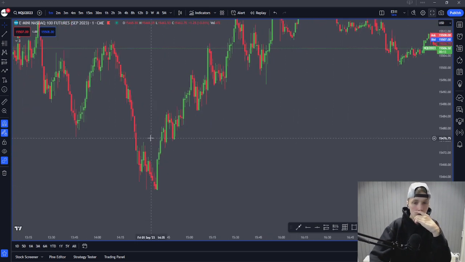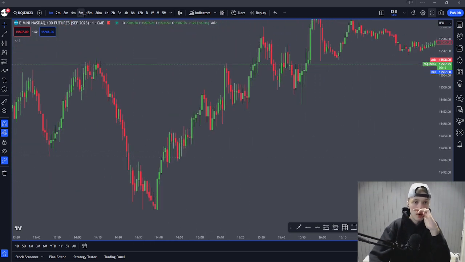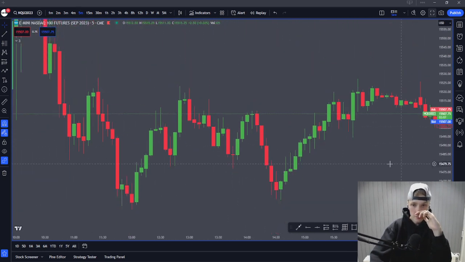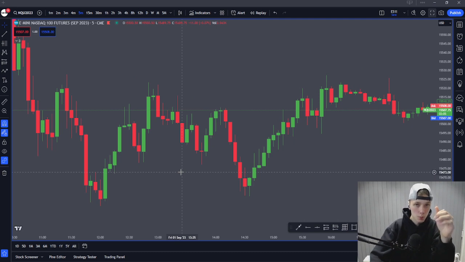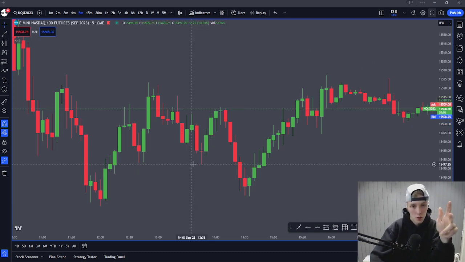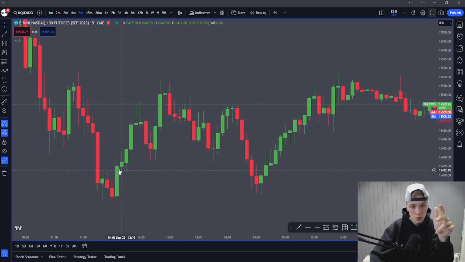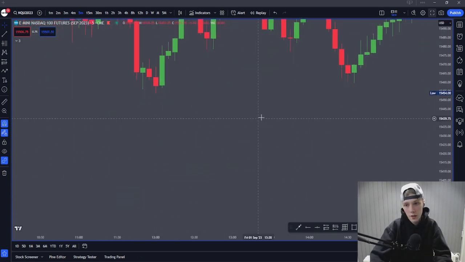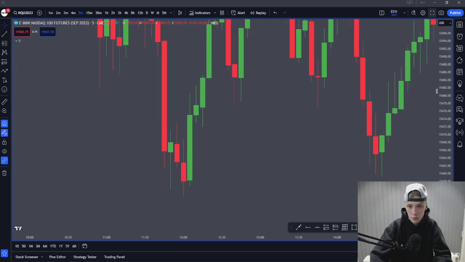Oof. All right, now that we have that covered, we can now go over market structure shifts. So there are differences between a change of character, a break of structure, and a market structure shift. A change of character, again, is just a swing point getting broken over. A break of structure is that thing happening again. However, this is a market structure shift.